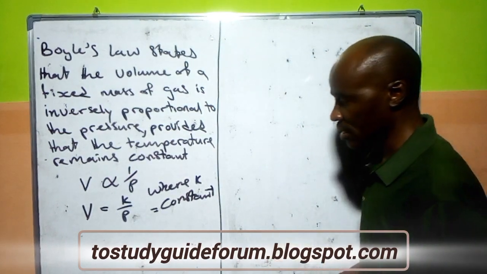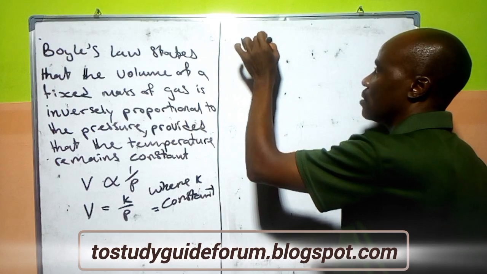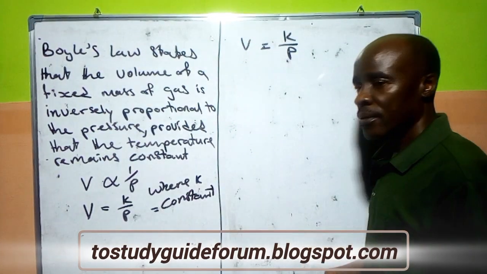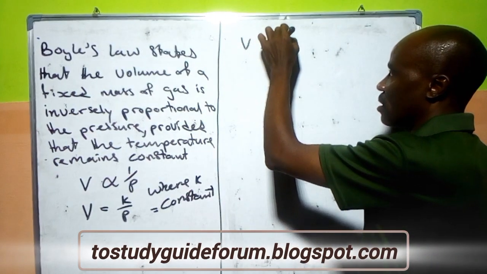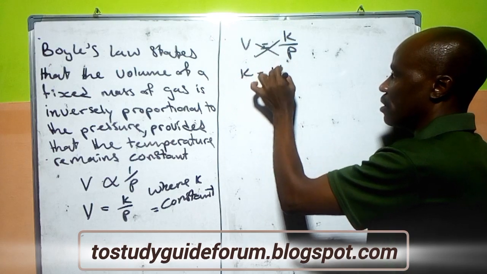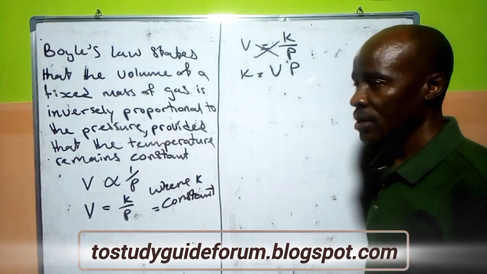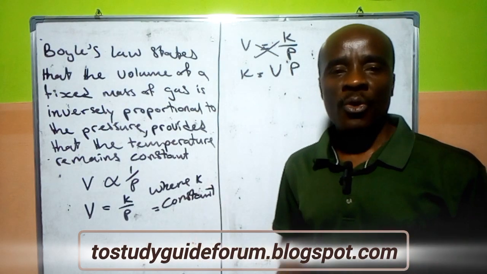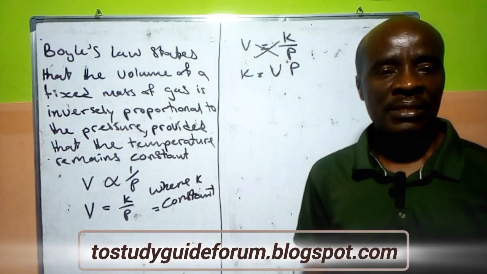Now, since we know that volume is equal to K over P, to get the value of K, the constant, K will be equal to V multiplied by P. So in a case where you're comparing two gases, the constant remains the same.